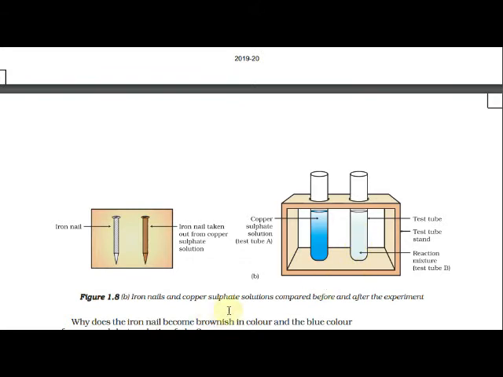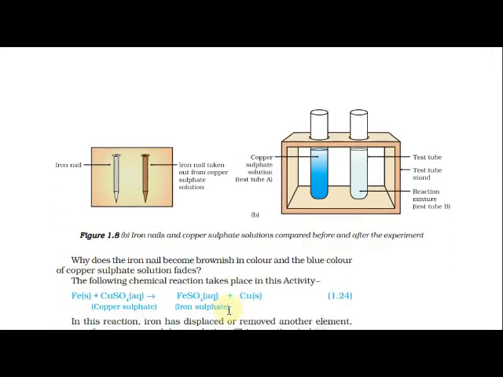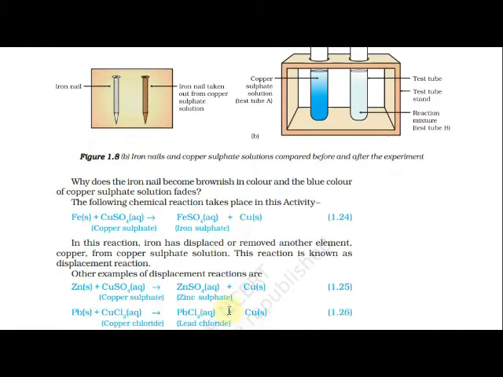Why does the iron nail become brownish in color and the blue color of the copper sulfate solution fade? The following chemical reaction takes place in the activity: Fe plus CuSO4 gives FeSO4 plus Cu. Cu in solid state is displaced onto the iron nail, and FeSO4 solution, ferrous sulfate solution, is formed.